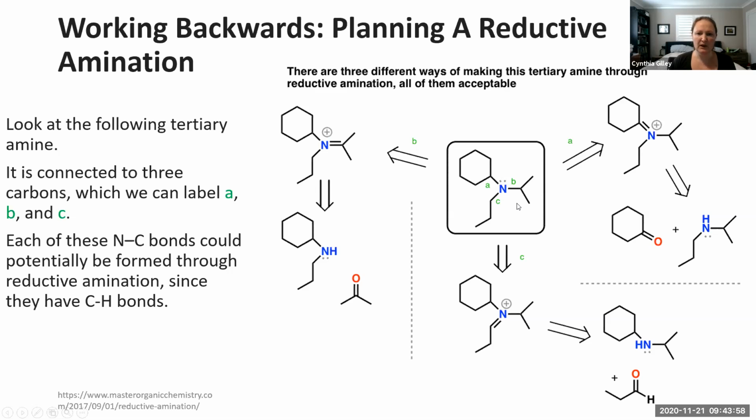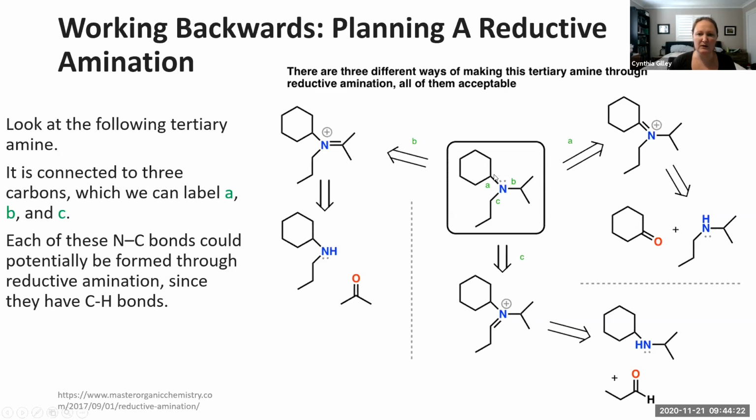So retrosynthetically, if we think about making the nitrogen-carbon bond at carbon A, we're going to break this bond. And that means that this part on the right was the amine, and we need to add a carbonyl between carbon A and an oxygen that is no longer there. Right?